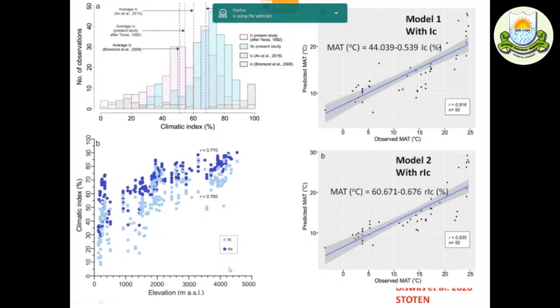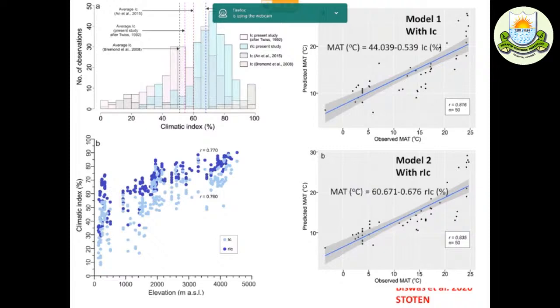If we compare the conventional IC calculation on the Himalayan samples with the revised IC, I just want to mention that we have included 2 more C3 grass indicator morphotypes after studying 101 grasses from the Himalayan arc. We found that the revised IC, or RIC, improves performance.